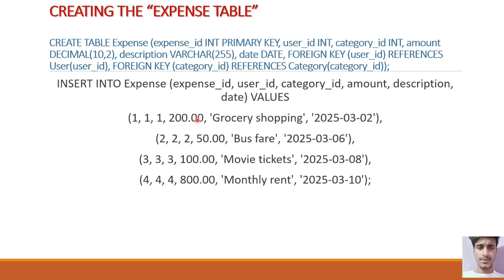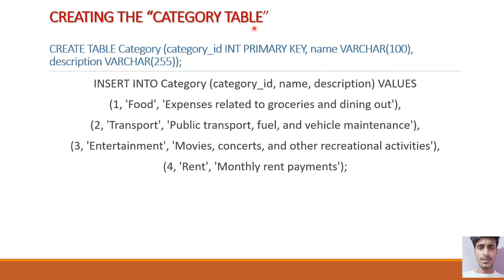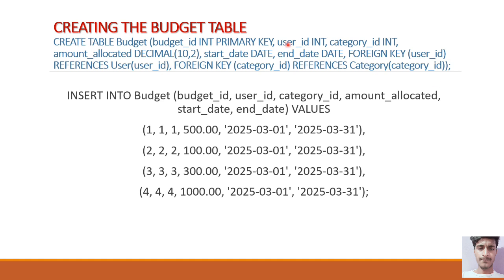These are the inserted values. Here also I inserted 4 values for expense. This is also the same for the category table. Here I created a table and inserted values. This is the budget table. Here also I have created the table and inserted the values.